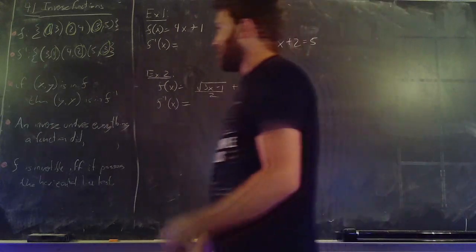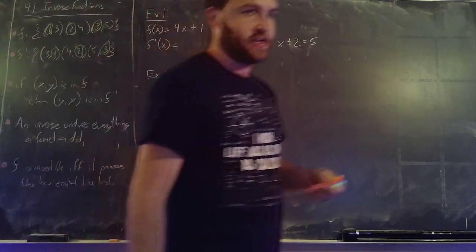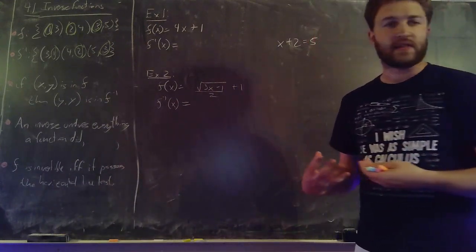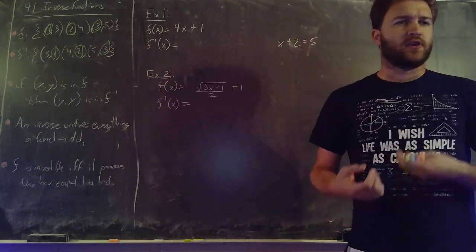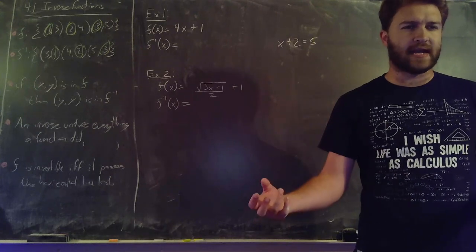Okay, now a couple of quick notes. If we have some ordered pair x, y that's in our function f, then the flip-flopped version of that, y comma x, will be on the inverse function if the function has an inverse. Now, an inverse simply undoes everything that a function did. And a last note here: you'll notice that I said that the range of the original function became the domain of the inverse function.